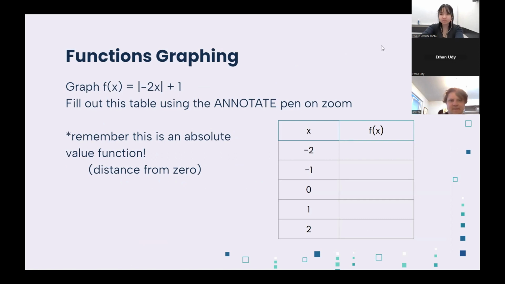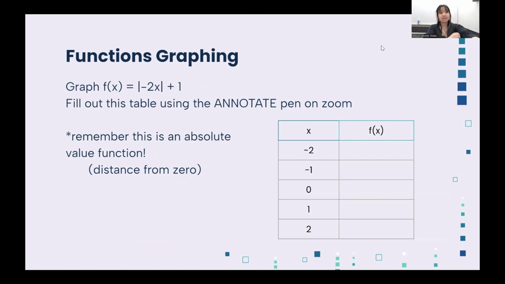Hopefully you guys are both able to do the annotate button. So I have this function, f of x is absolute value of negative 2x plus 1, and you're able to solve that and annotate it. That'd be great. I'm going to see if I can get mine pulled up as well so I can annotate easier.